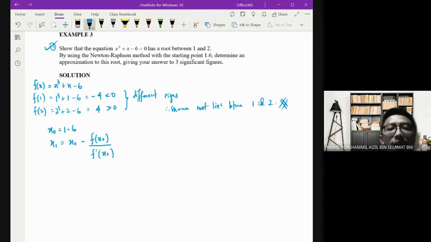Guys, f(x) we knew already. But we do need to get f prime. So what is f prime? f prime is 3x square plus 1. Differentiate f(x), you get f prime.